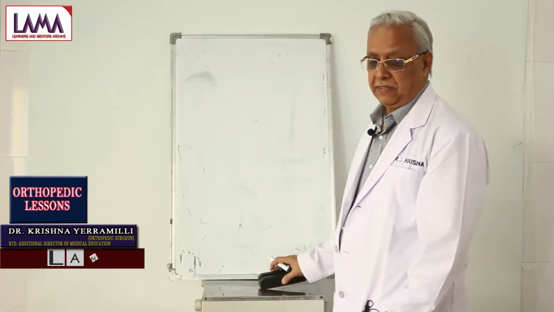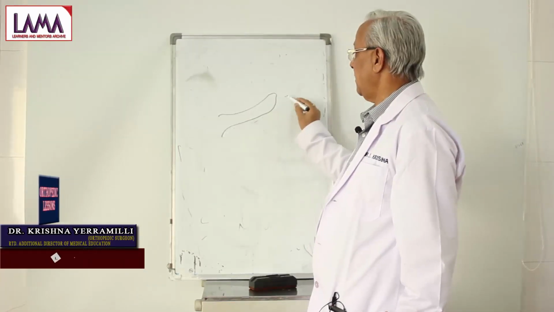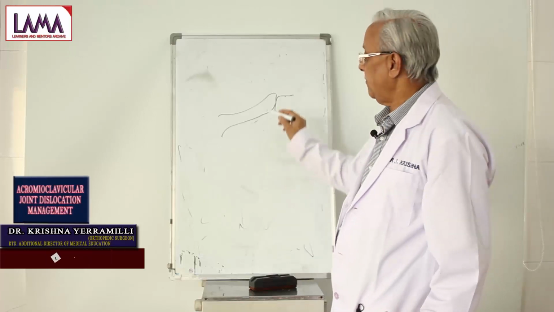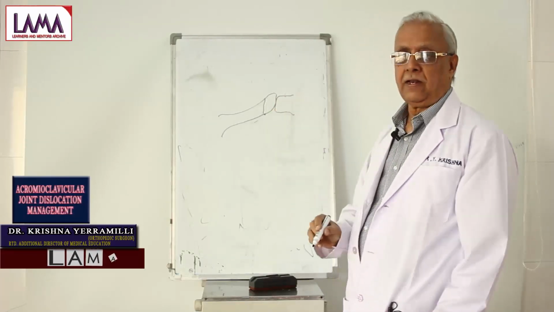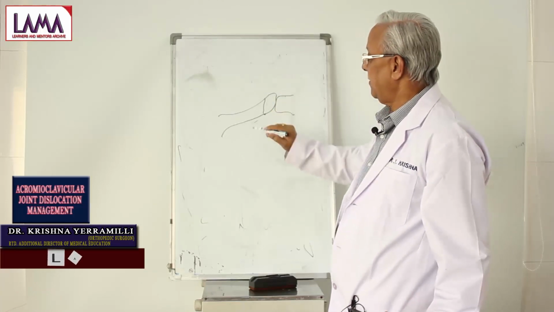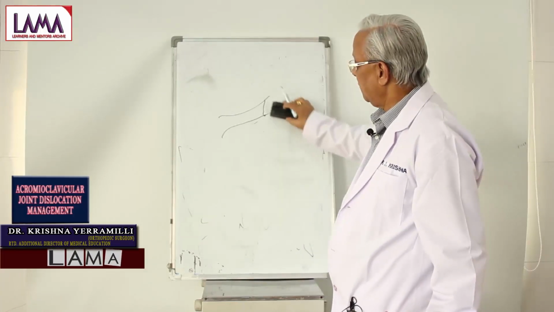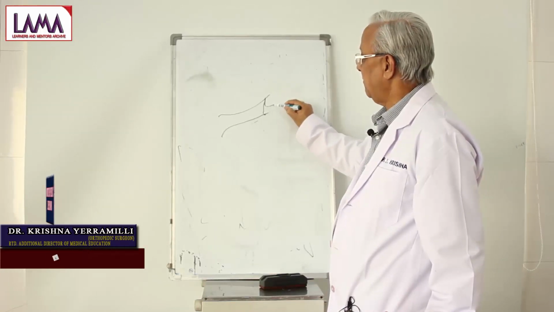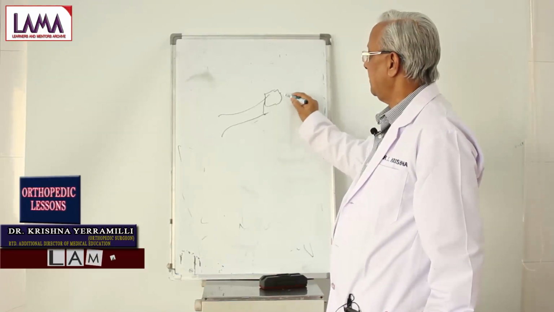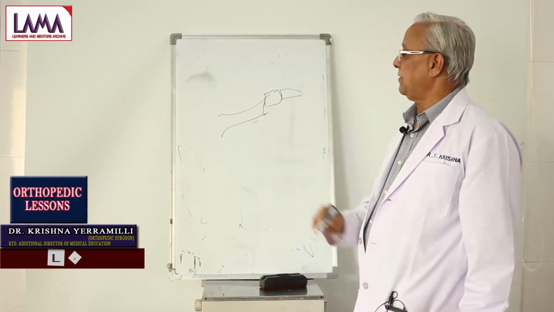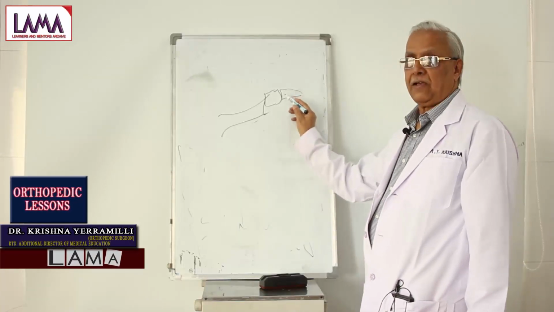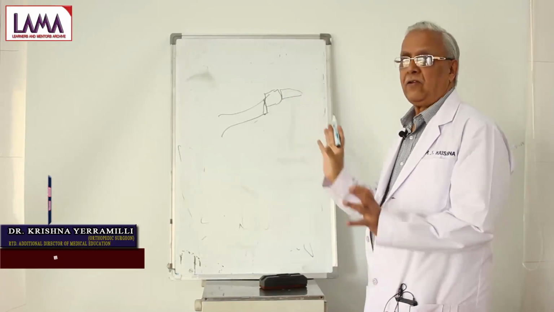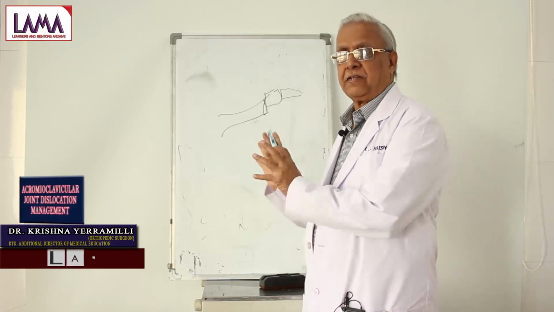One more thing that occurs: suppose this is the clavicle and this is the acromioclavicular joint. Sometimes the fracture is so close to the joint that the entire thing moves up. At that time, it looks like a dislocation, but actually there is no dislocation. The original acromion is normal, the acromioclavicular joint is seen, but the outer end of the clavicle will be pushed upwards or sidewards.